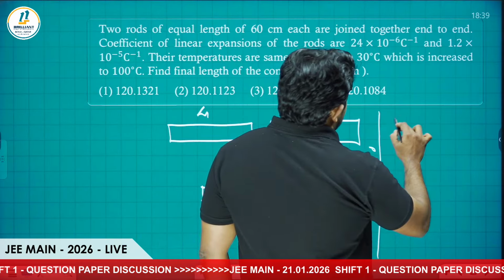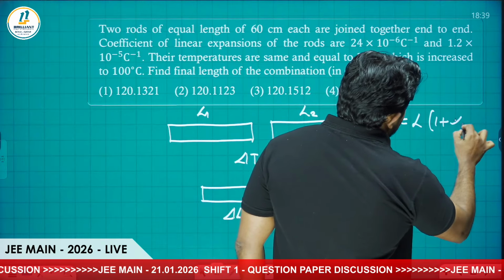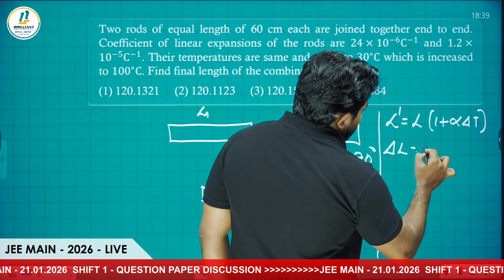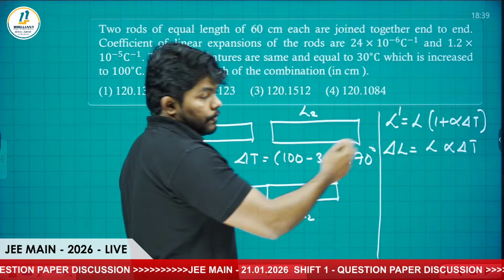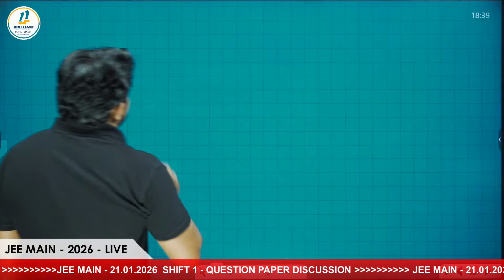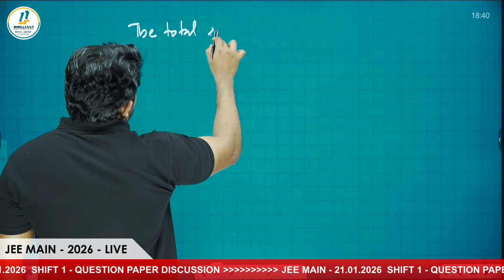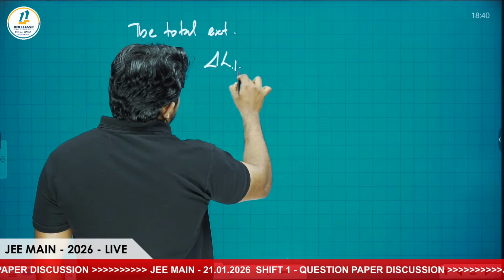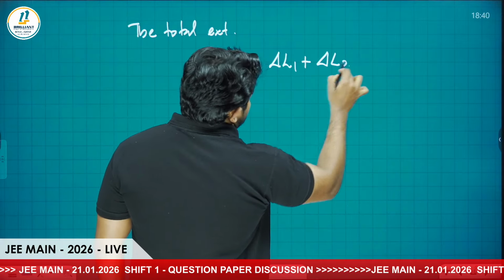And what is the equation? We know that the new length is equal to L times 1 plus alpha delta T, right? And what is the change in length then? Change in length is nothing but L alpha delta T. So we can substitute that here. We can take the total extension as delta L total is equal to delta L1 plus delta L2.